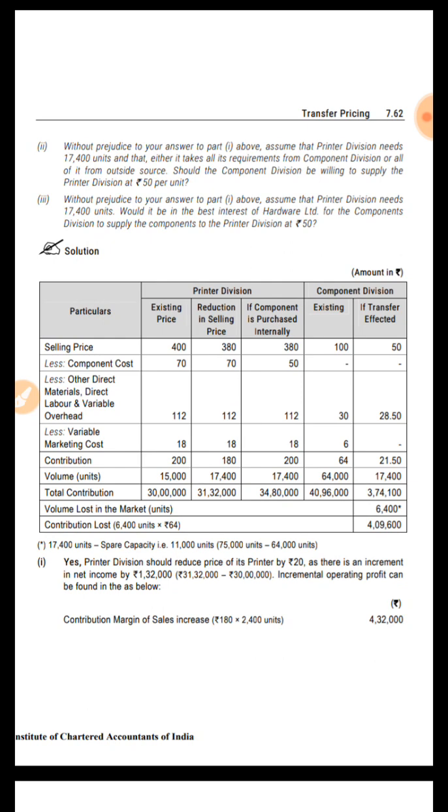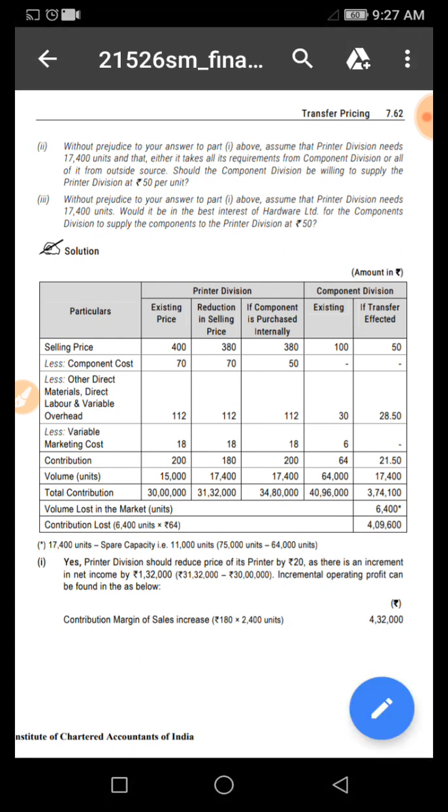So you get the contribution per unit: 64 and 21.50. Your volume is 64,000. If the existing market is there, the component will be selling 64,000 units, because that much only demand is there.